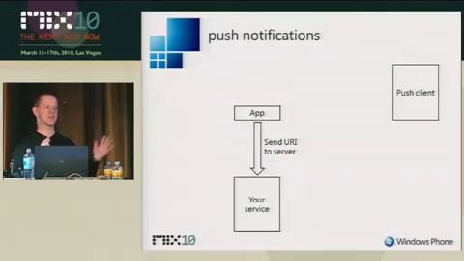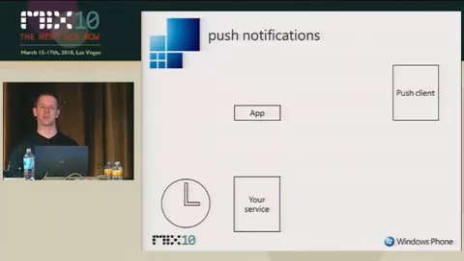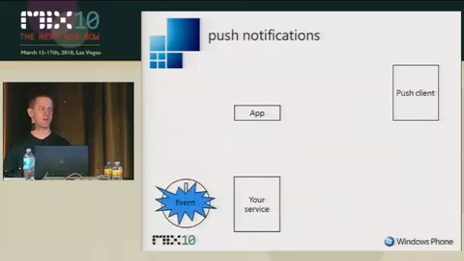You can have your own custom authentication, your own custom protocol if you want. However you want to get it back to your service, if you've already got existing code, for example, you do it however you want. And then your service just sits there. It's got the URI, and it waits for time to pass. So tick-tock, tick-tock. Eventually, something interesting happens that the user cares about. Event happens.